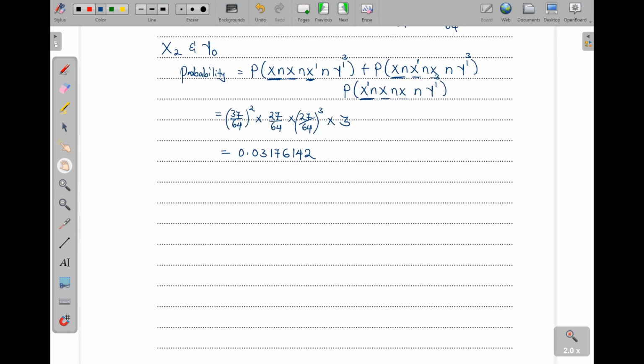Then I can also go to Zeno scoring 3 points and Yao scores 1 point. Okay, so what is going to be our probability here? Probability is going to be equal to Zeno scores the 3 points, so I will say x, then x, and then x. So since there is nothing different here, I'll just put x cubed. And then Yao, now Yao can score a point here, and then the other 2, he fails, like this.